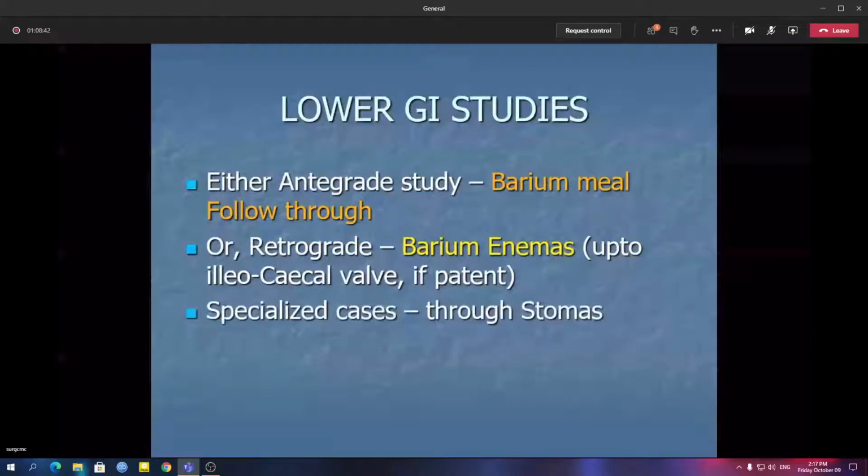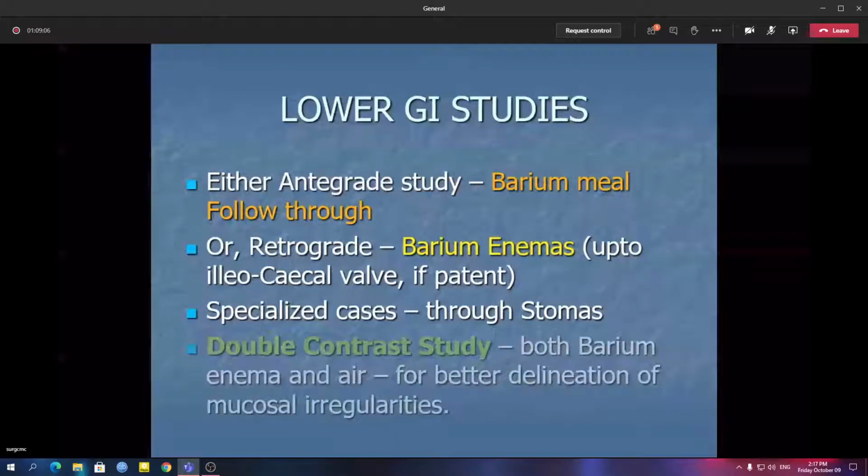Now, I was asked why it was not a colon. Now, lower GI tract colonic studies can be of two types, the antegrade or retrograde. The antegrades are the barium meal and follow through, and retrogrades are the barium enemas. And special cases, of course, when we have intestinal stomas made, I mean holes made into the small or large bowel, we do it through those also.